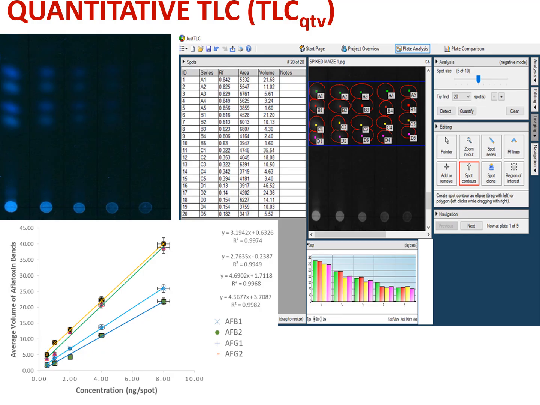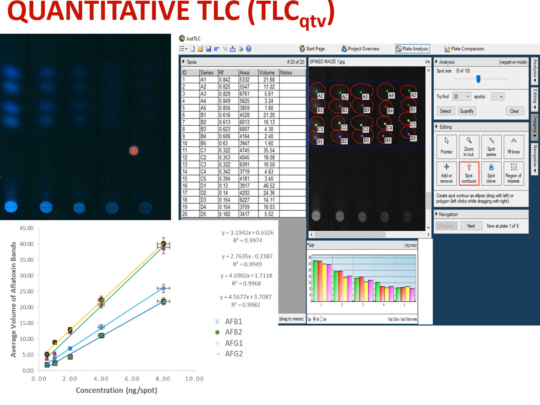Now, through the calibration curve, an equation will be obtained, which is the calibration curve equation that can now be applied to determine the concentration of the unknown sample.